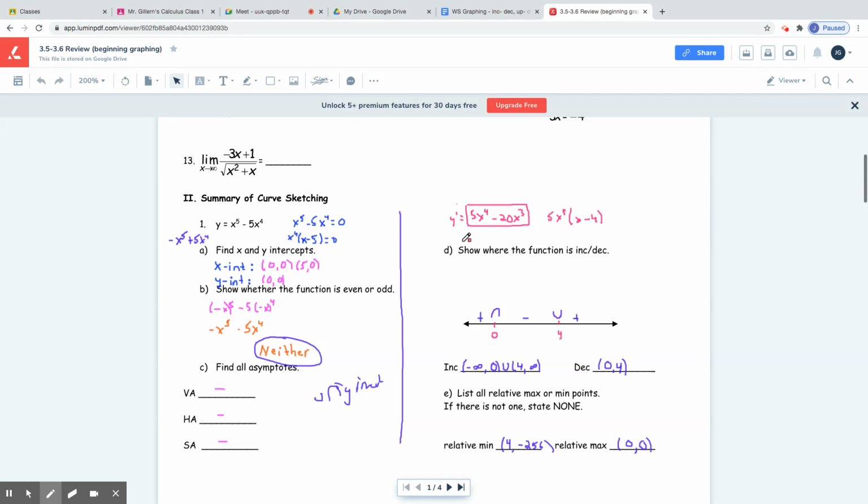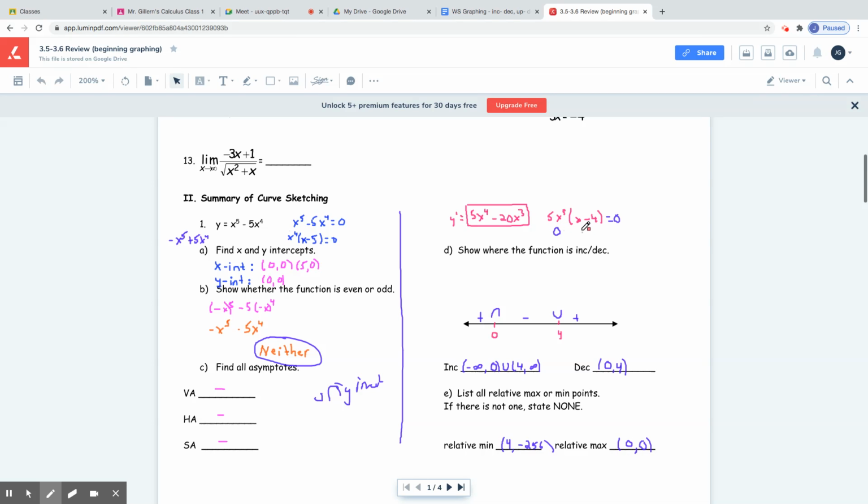Now this next set has to do with the first derivative, which I boxed here in the pinkish reddish color, 5x to the 4th minus 20x cubed. So that's my first derivative. To find the critical values that go on the number line, I set that equal to 0 and take out a 5x cubed, which left me with x minus 4.